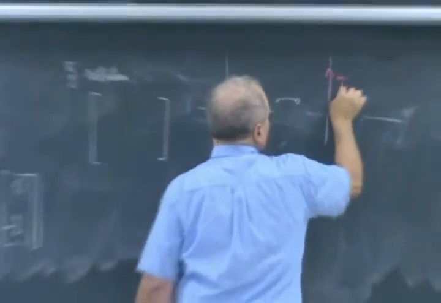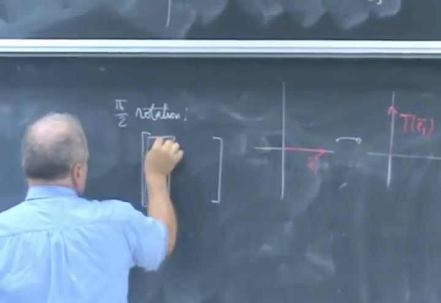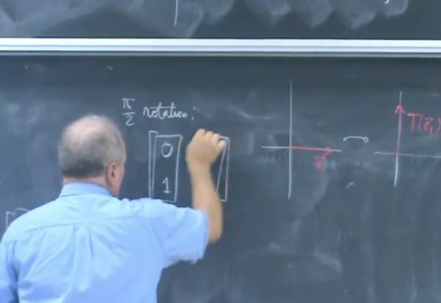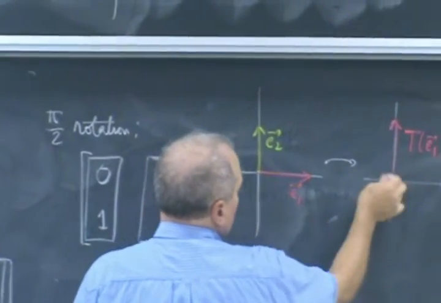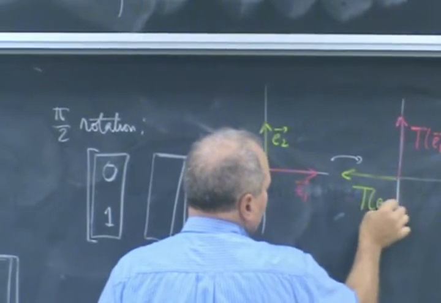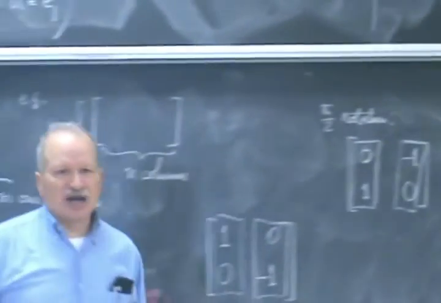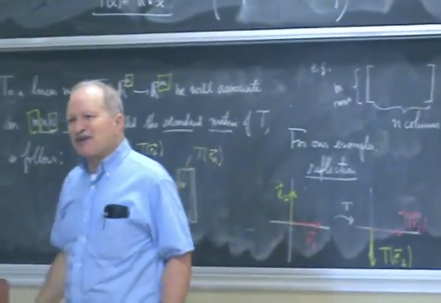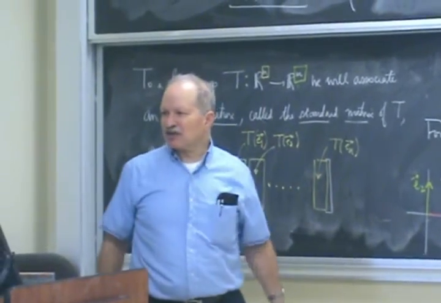It rotates to there. So the first column is 0, 1. Where does E2 rotate to? Negative 1, 0. So somehow or other, magically, these are the matrices that are supposed to be encoding these geometric things.